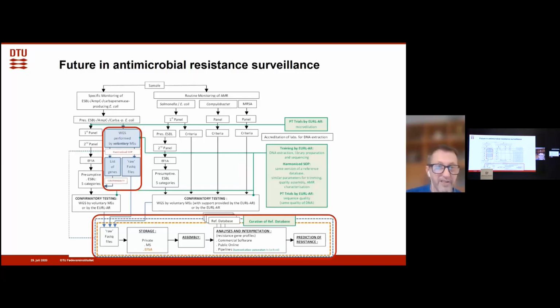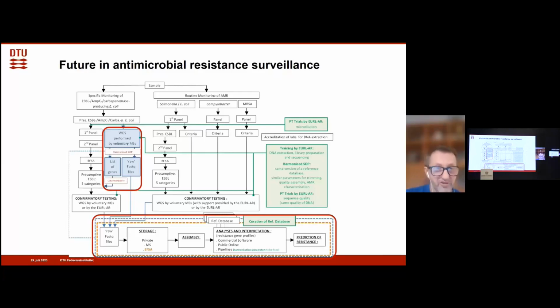For the specific monitoring, at the top you have the sample, and then there's the routine monitoring of Salmonella, E. coli, Campylobacter, and MRSA that goes for phenotypic testing. But on the other side, you also have the specific monitoring of ESBL, AmpC, and carbapenemase-producing E. coli. And here, there's now an alternative method.